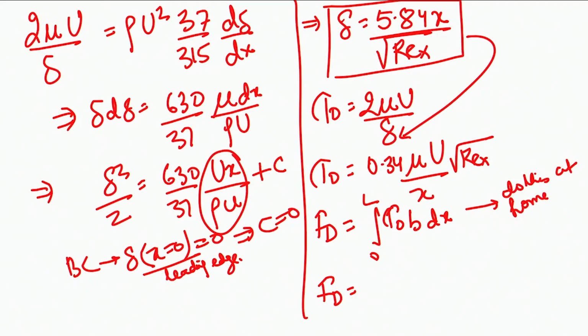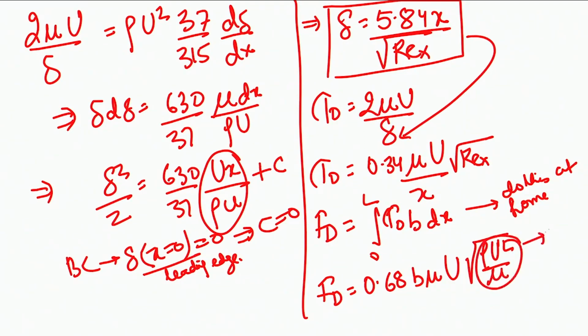You substitute all these values of tau naught in terms of x, also put the Reynolds number in terms of u and x, and then you can get 0.68 B mu capital U under root rho U L by mu. This actually is the Reynolds number at L, but anyway this is the thing.